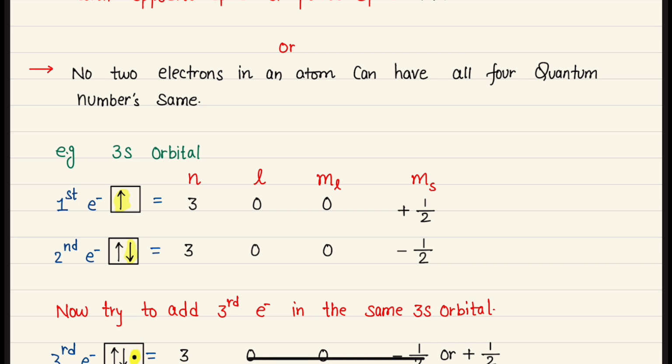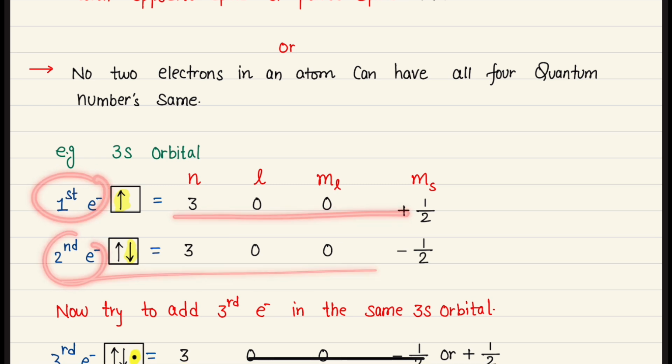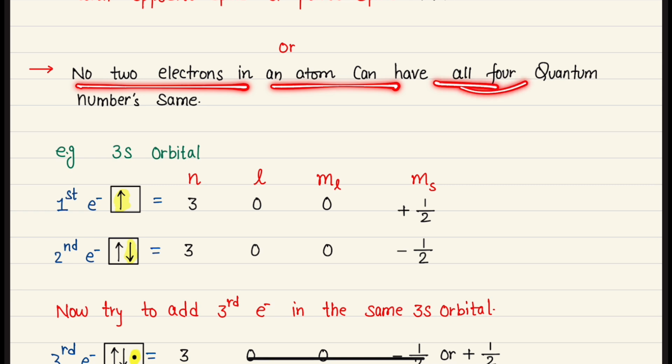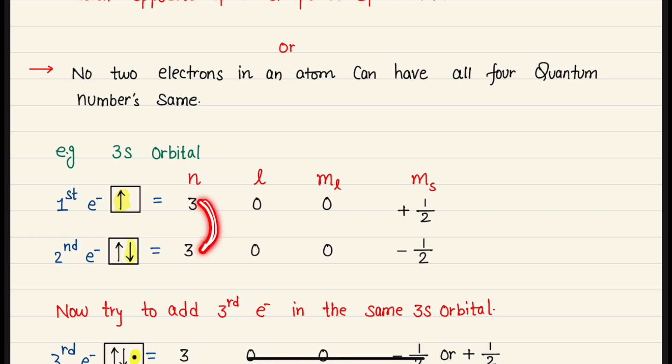So here you can observe one thing, for this electron and for this electron, all the four quantum numbers are not the same. Understood? No two electrons in an atom can have all four quantum numbers the same. Means n equal to 3, 3, fine, L value 0, 0, ML value 0, 0, but here see, the magnetic spin quantum number is not the same for these two electrons.